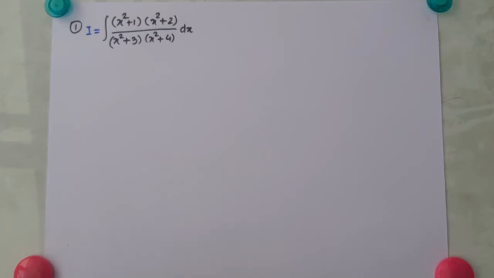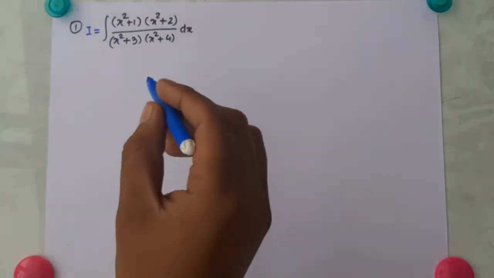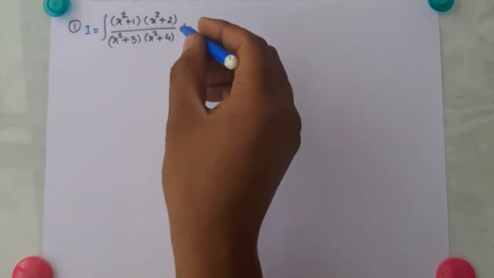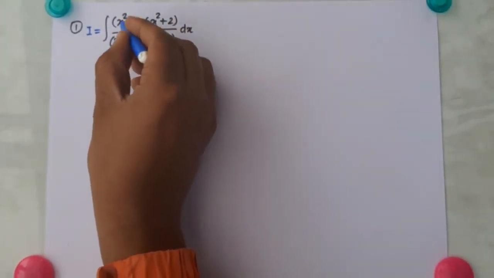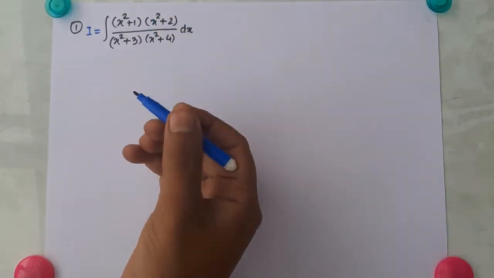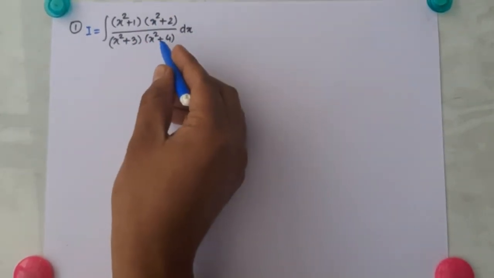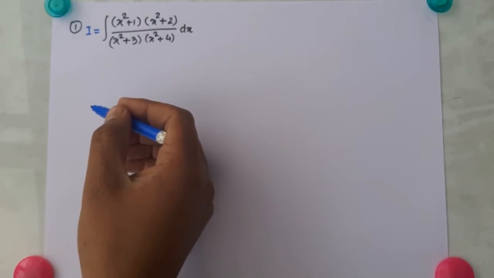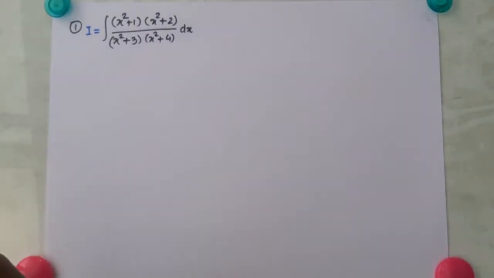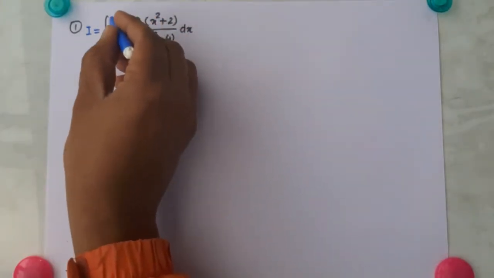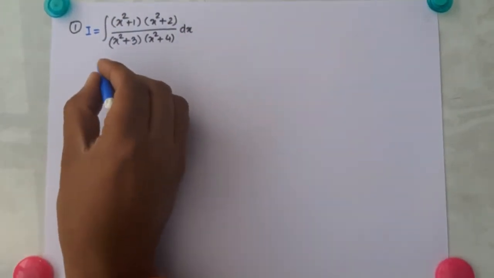If you observe here, the numerator's degree is x to the power 4, because x square into x square is x to the power 4, and in the denominator you have got the same, right? So first you will multiply the numerator and denominator.